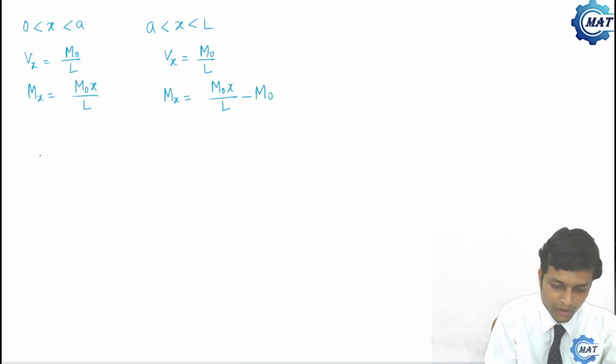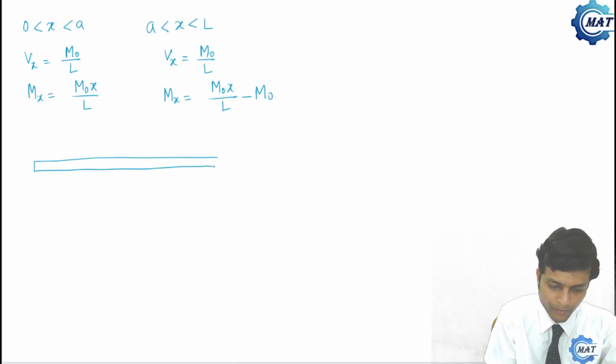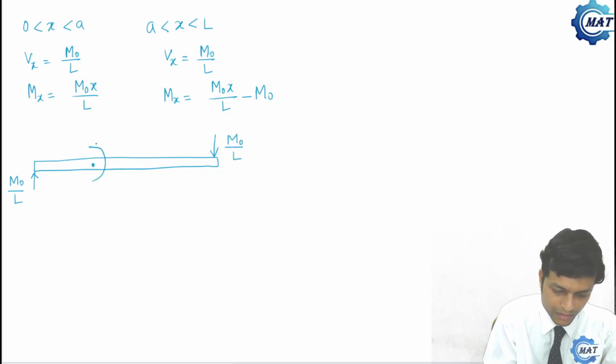Now if we draw the shear force and bending moment diagram, how will it look? So this was the beam here, M0 by L, here M0 by L, and this is the bending moment M0. Now let us draw the shear force and bending moment diagram.